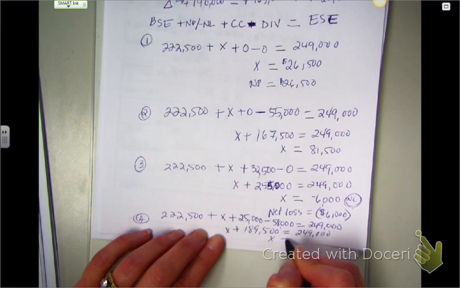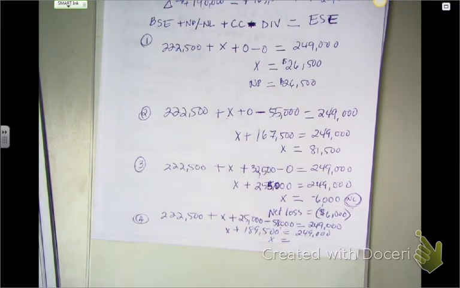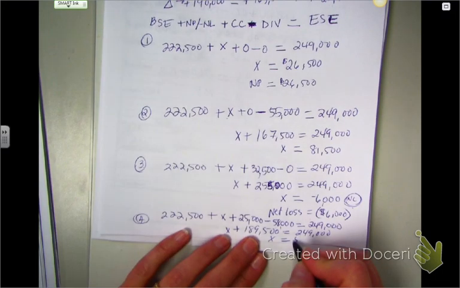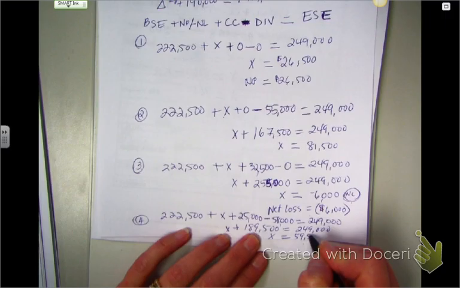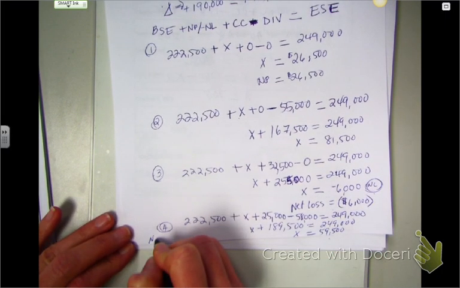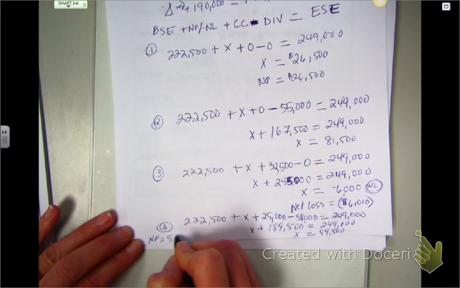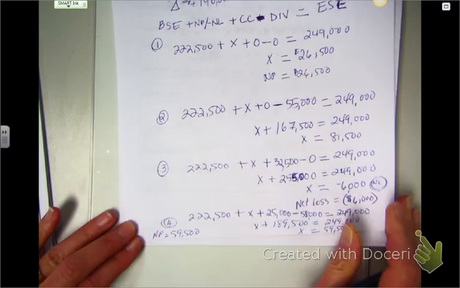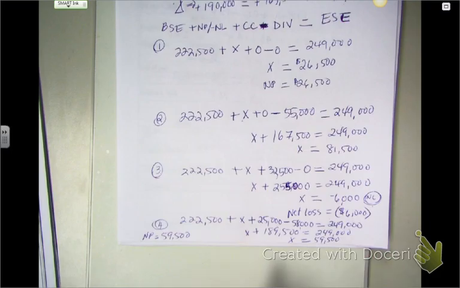So X equals 59,500. So in this one, the net profit was 59,500. Okay? Any questions on this?